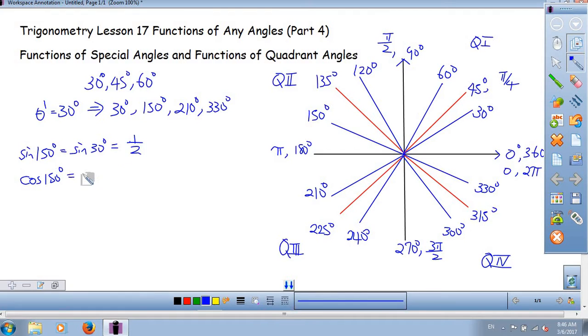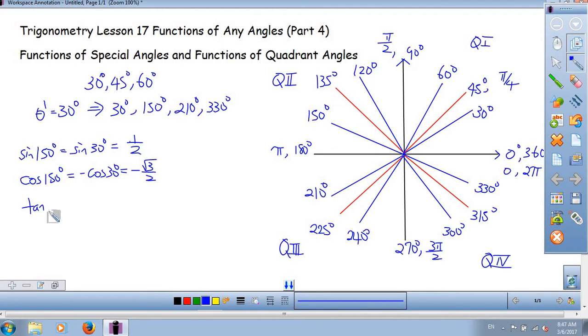I'm not going to do every one, but I'm just going to give you a few examples. Cosine of 150 degrees is going to be the negative of cosine of 30 degrees, which will be negative square root 3 over 2, which is the x coordinate. We haven't talked about that yet. As you can see, we can use this to build something called the unit circle in our next lesson.